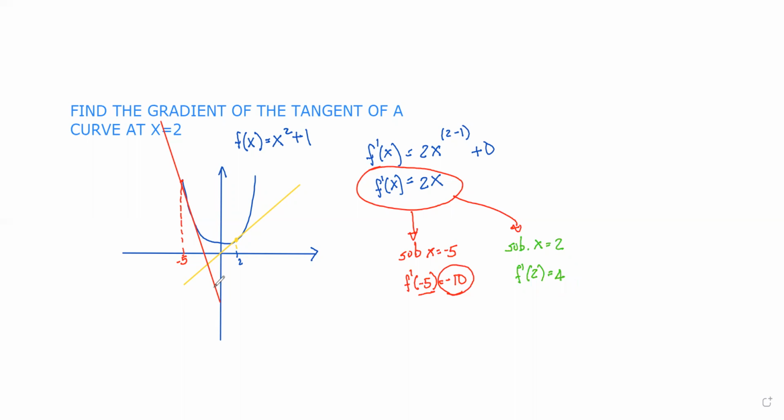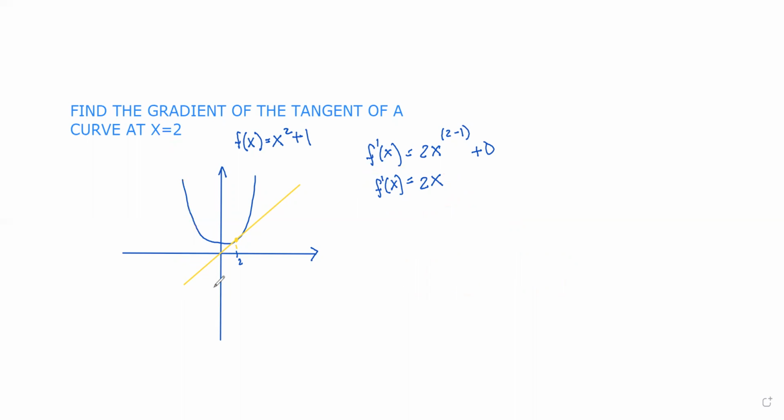Knowing this, the exercise is already solved, but let's do it more clearly. Okay, here we are. To find the gradient, which in this case is the same as the slope, we only have to sub x equals 2. f prime of 2 equals 2 times 2, which is 4.